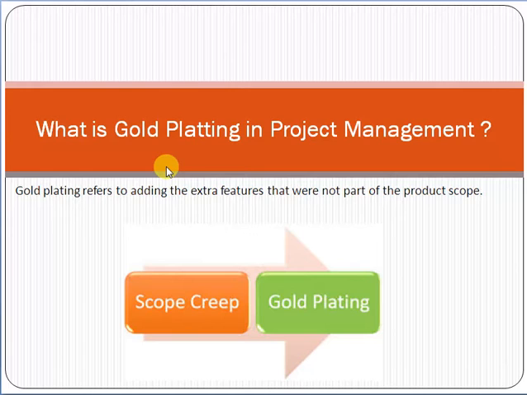Gold plating. Friends, if I ask you what gold plating is in a general sense, not in project management, what does it mean? In general, gold plating means that a person who is working with gold puts a golden water, a gold coating, on a metal.